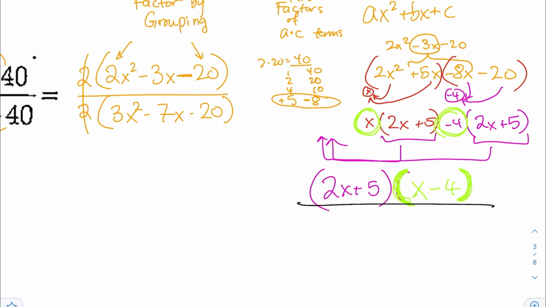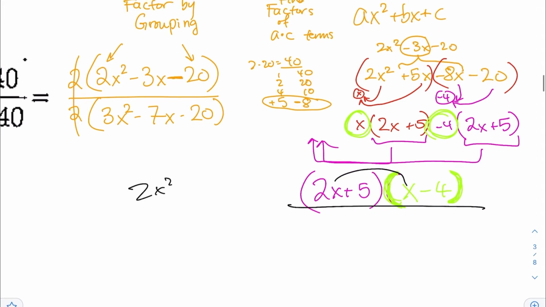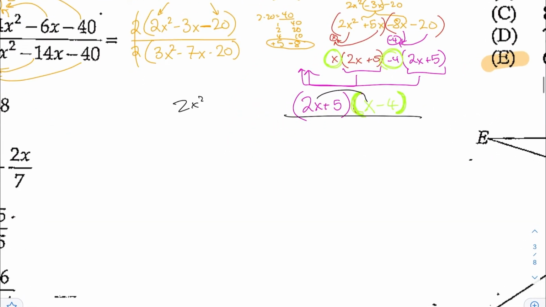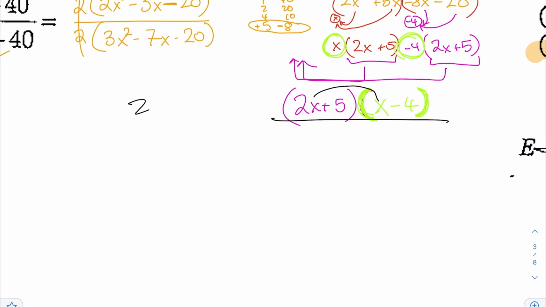Now, you should always double check your work, because factoring is always like a guess and check. So just FOIL it. You get 2x times x, which is 2x squared. Double check it on the bottom. You get 2x squared, that's first. And the outer is 2x times -4, or -8x.